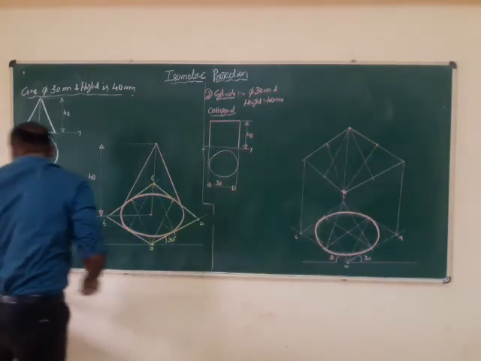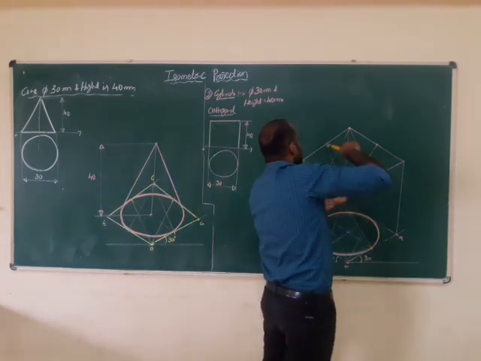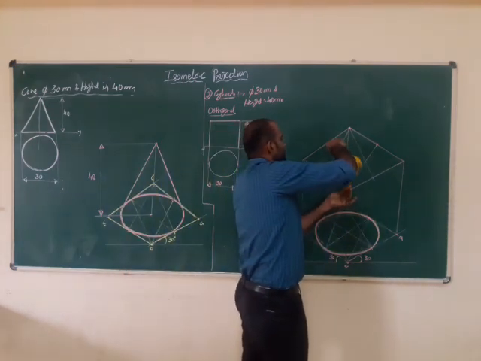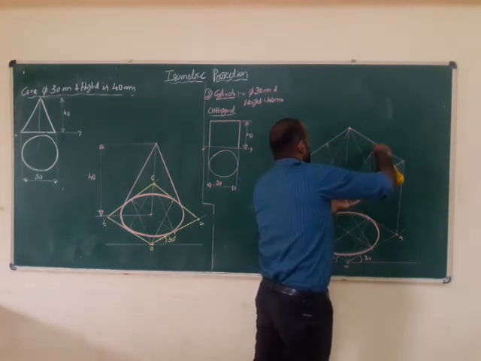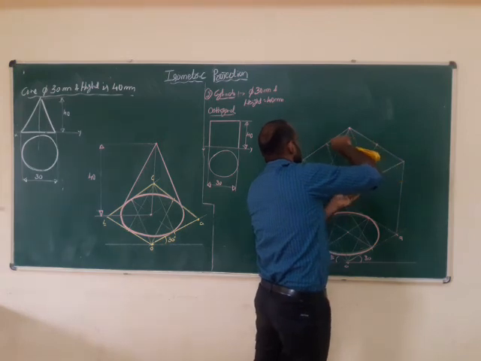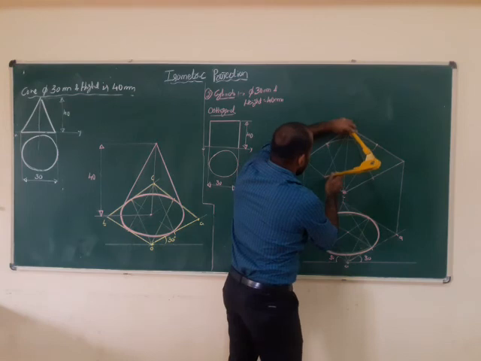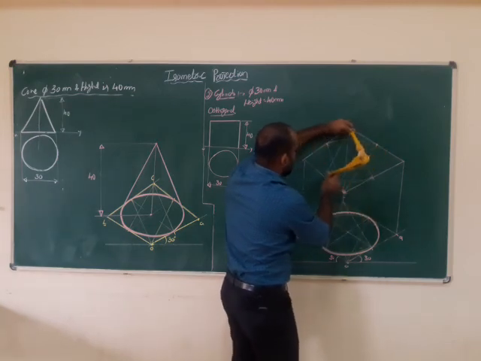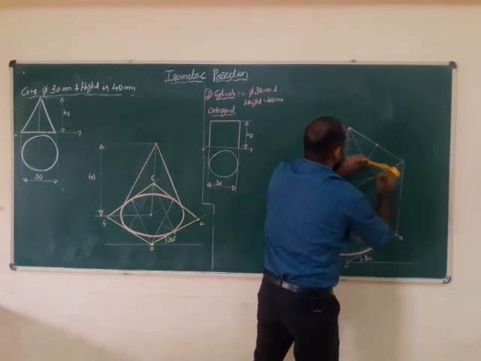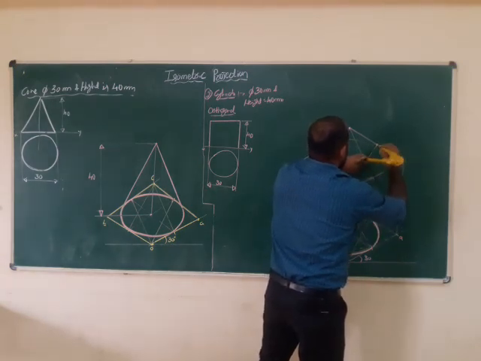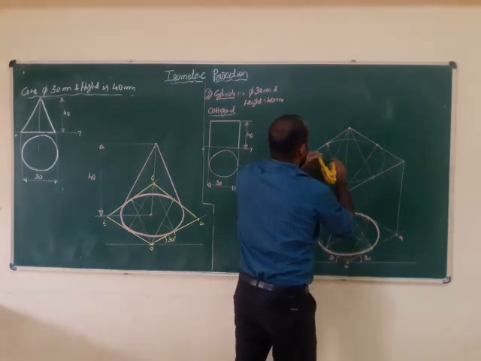Take a compass, create an arc. This is the center. One arc. This is the center. Arc. Right side arc. Left side, take.